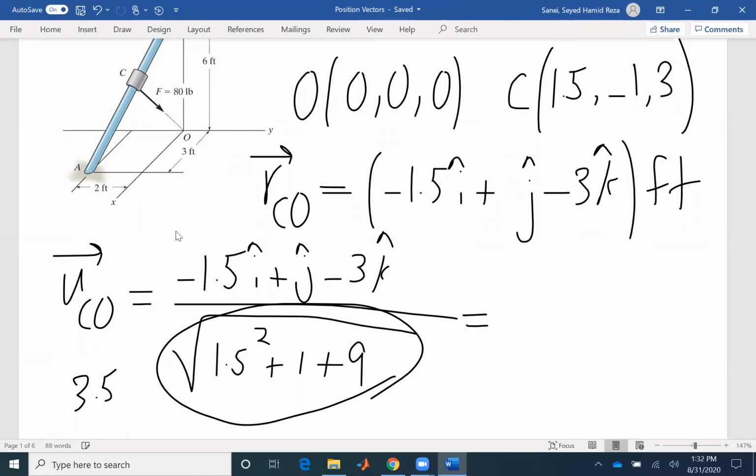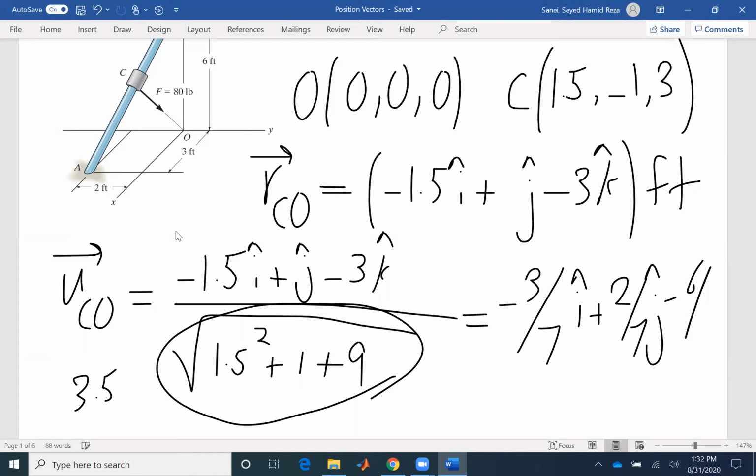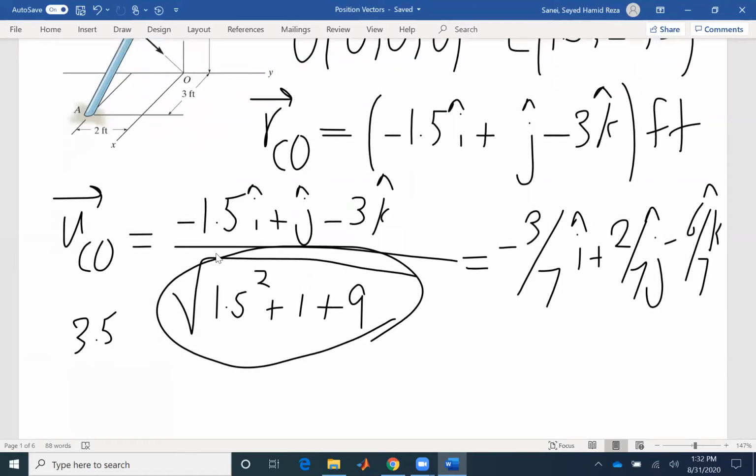To make it an integer number, I multiply the numerator and denominator by 2. So here I get -3 over 7 i, plus 2 over 7 j, and -6 over 7 k. It's a unit vector. It doesn't have any unit.